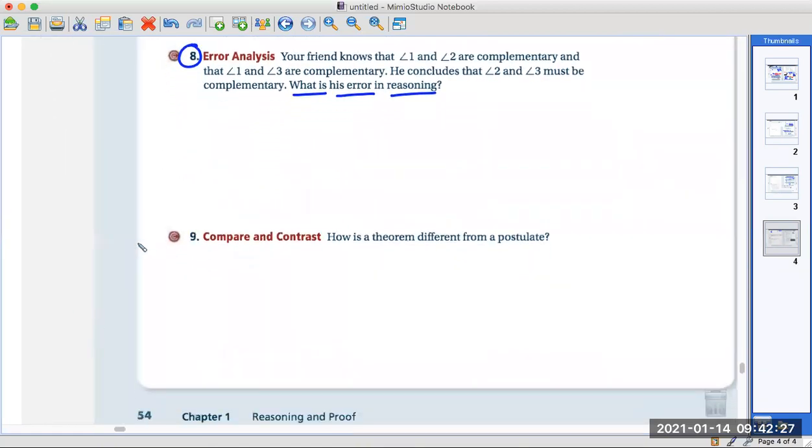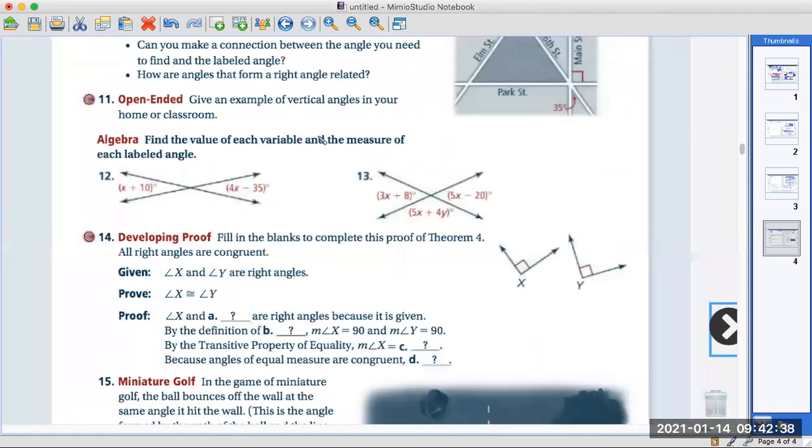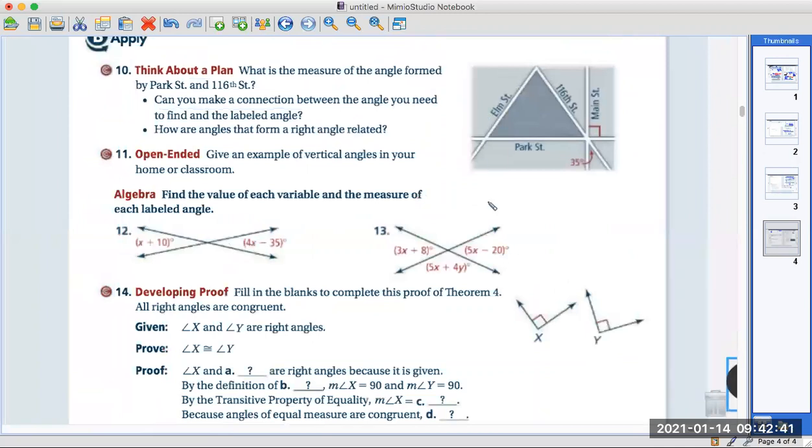Now, number 9, we talked about what's the difference between a theorem and a postulate, and I talked about that in my lesson. And then we're going to look at this street map here. The clue here is, so the clue is right there.